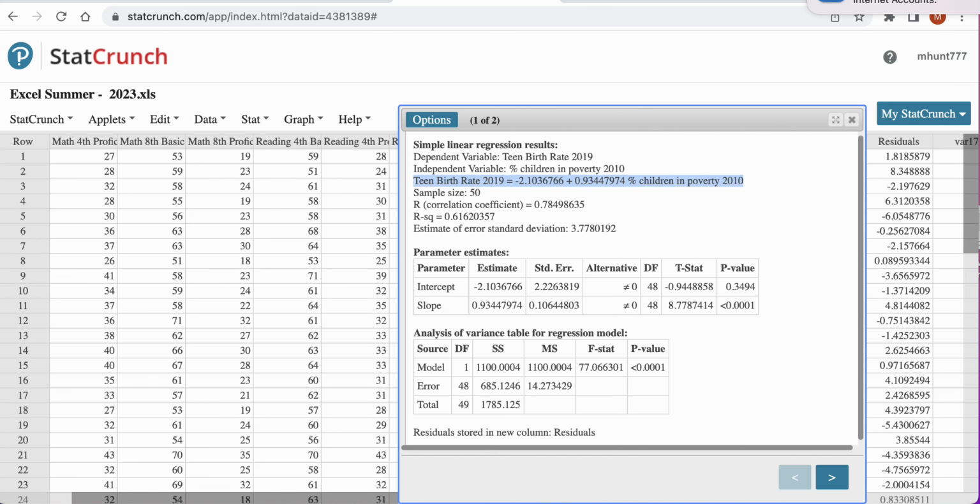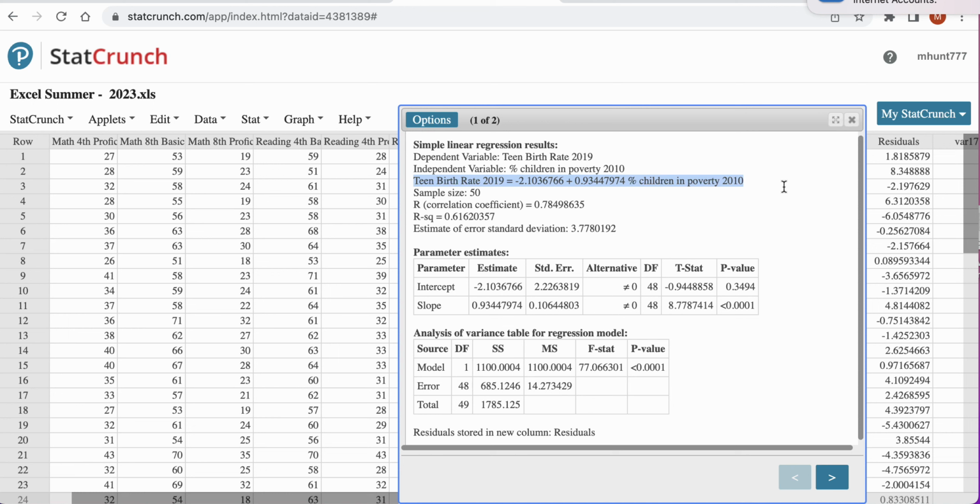And let's see, the correlation coefficient is 0.78, and R squared, which is the square of r. That R in the output really should be a little r. Correlation coefficient, the symbol is a little r.